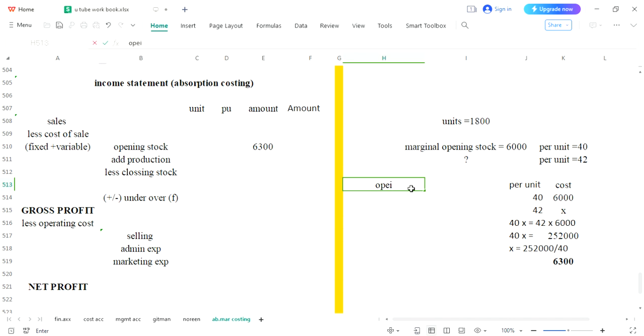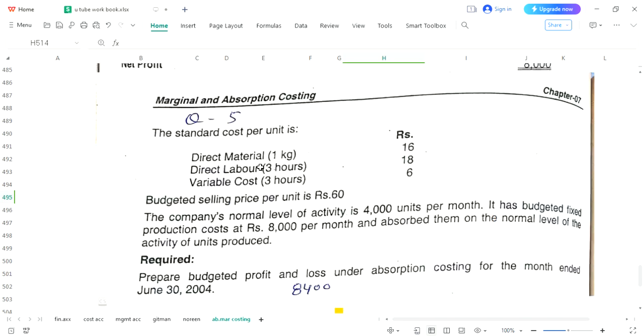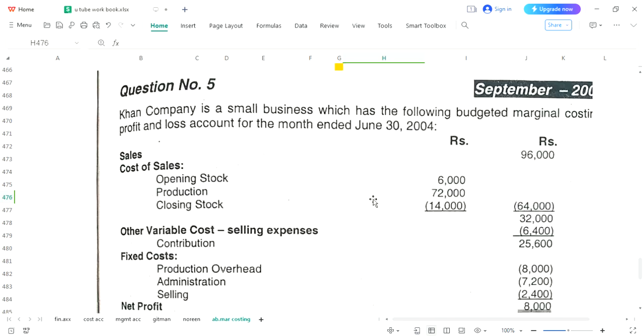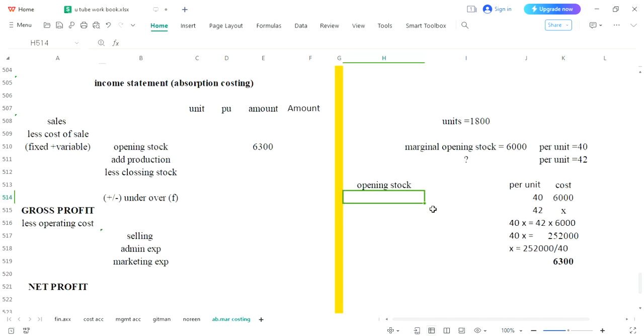In absolutely similar way, you will calculate your production cost as well. Old production cost was 72,000 and here new production cost will be calculated. We will take a shortcut.